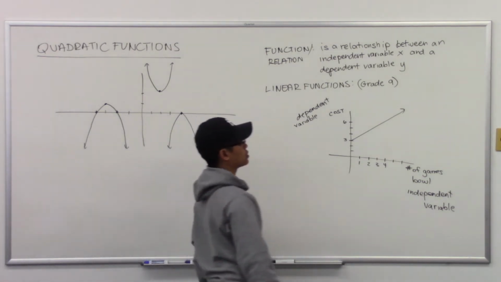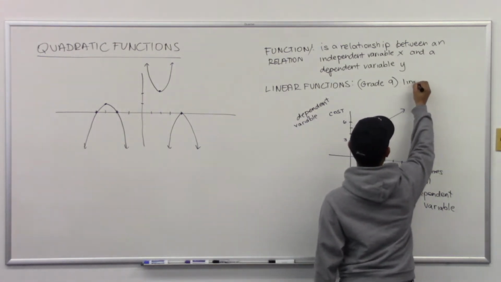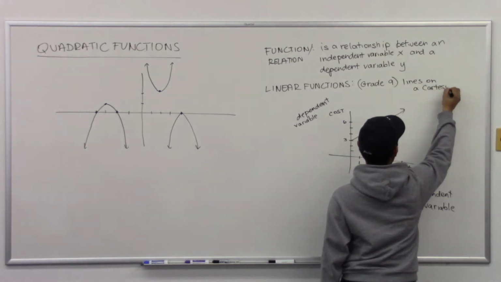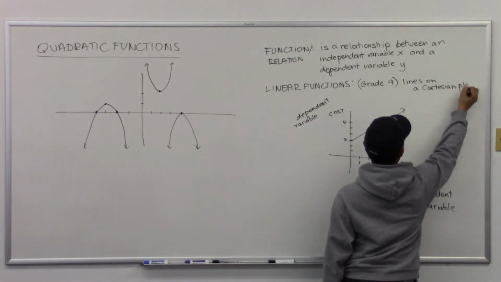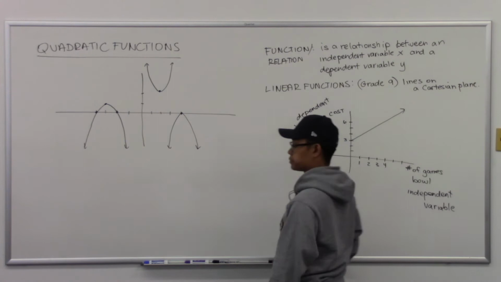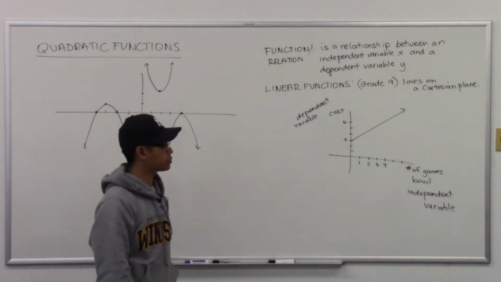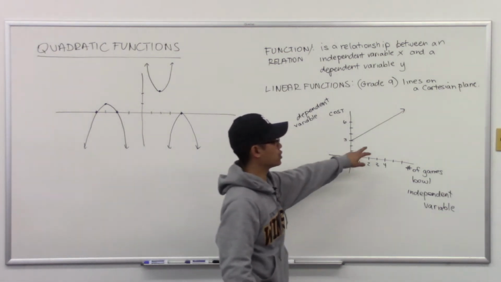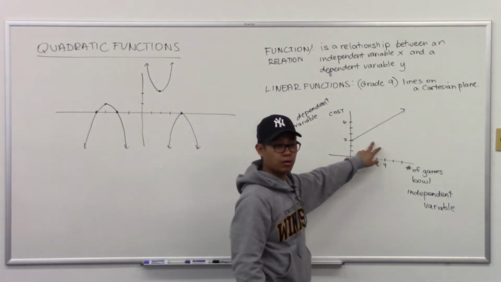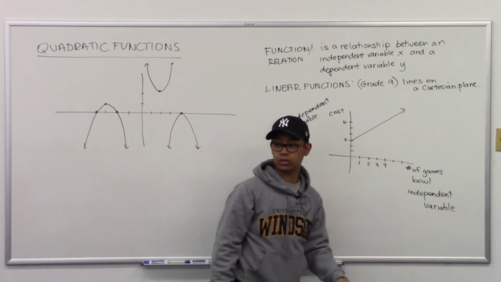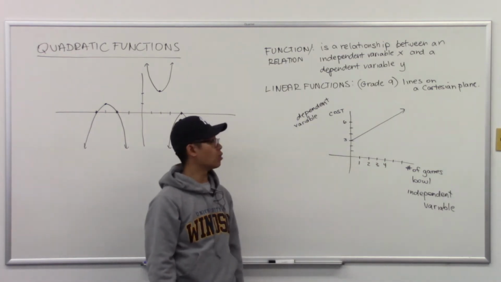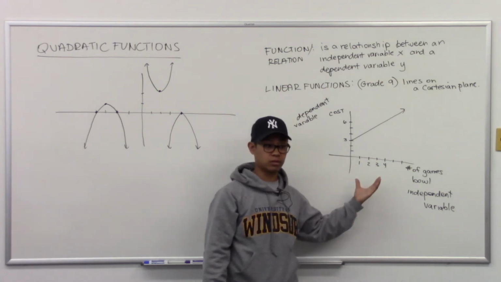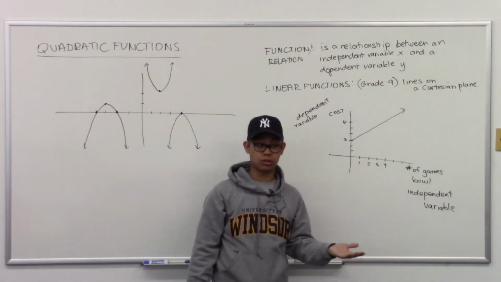So linear functions are lines on a Cartesian plane. You don't have to write that. There is a general equation that we use to represent this function. Okay? So functions can be expressed on graphs. They can also be expressed as equations.